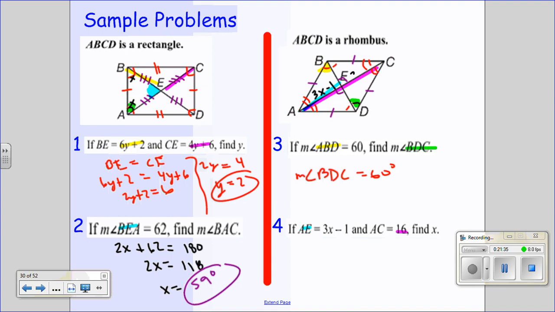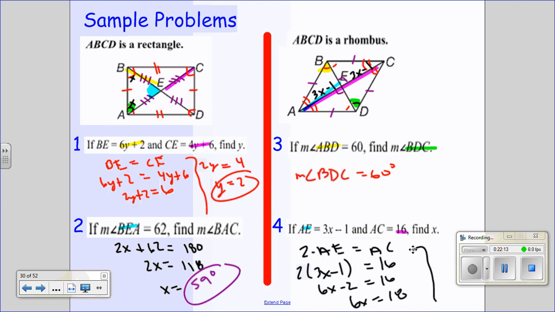So that means this part is also 3x minus 1. So in other words, I could say 2 times AE is equal to AC, right? Because I wrote it twice. So that's 2 times 3x minus 1 is equal to 16. When I take 2 times 3x minus 1, I would get 6x minus 2 equals 16. Then I would add 2 to both sides, which would give me 6x equals 18. And then divide both sides by 6. So x equals 3.